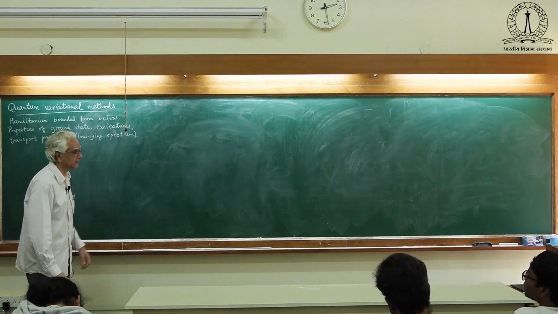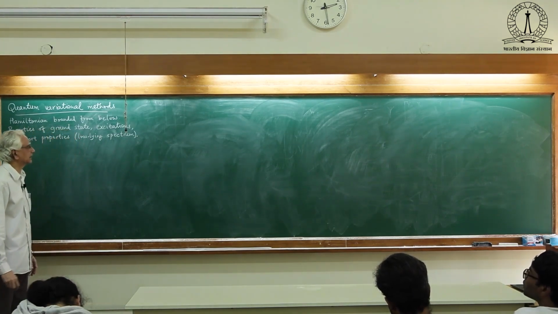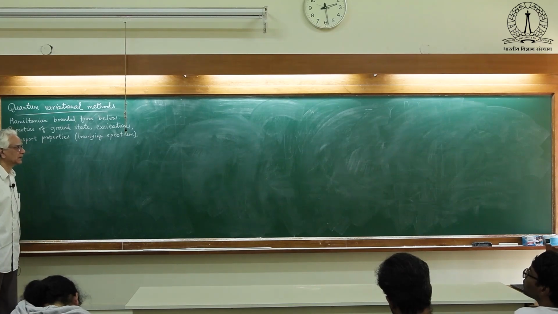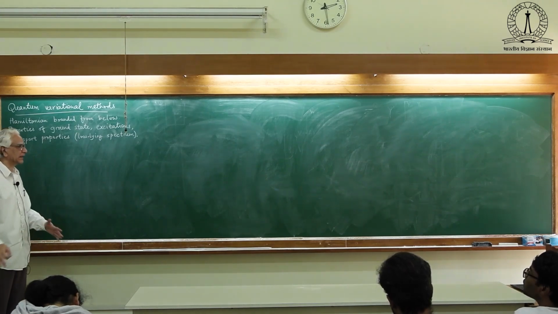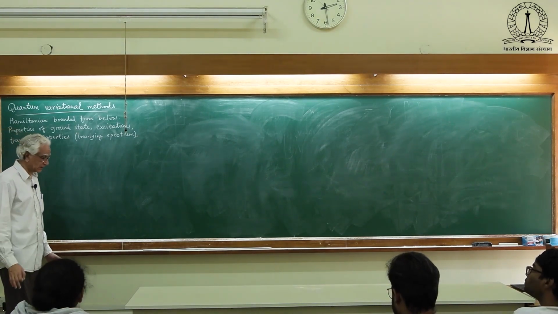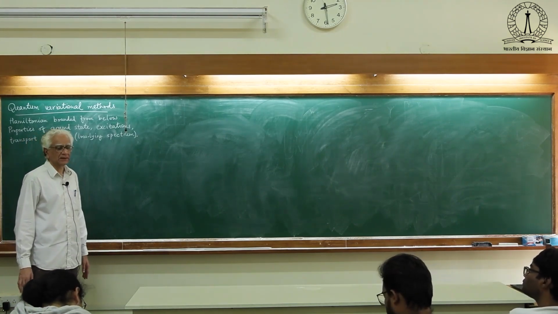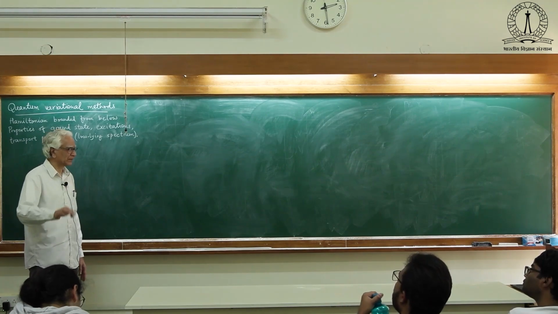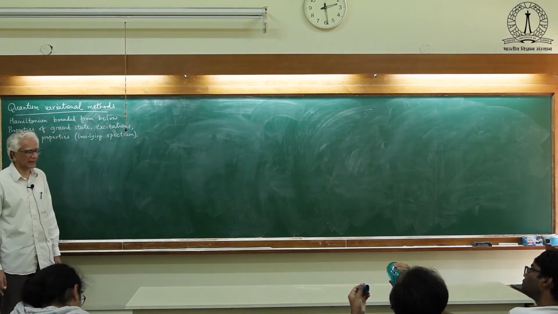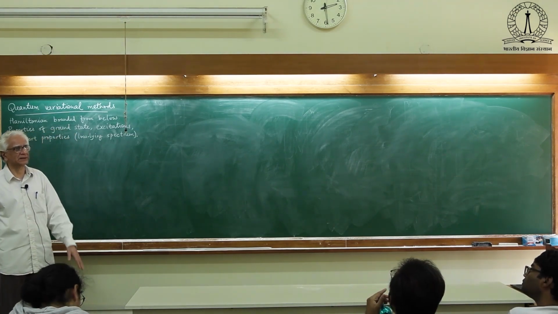So this is an area of applications, and we encounter lots of systems of this type because we know that the systems all relax on their own to the lowest lying states.